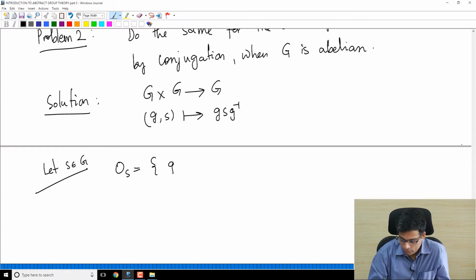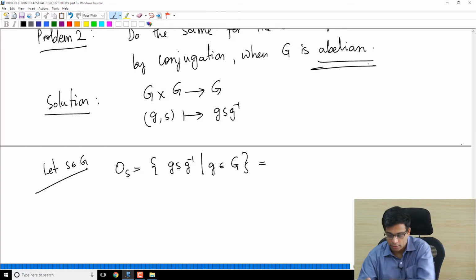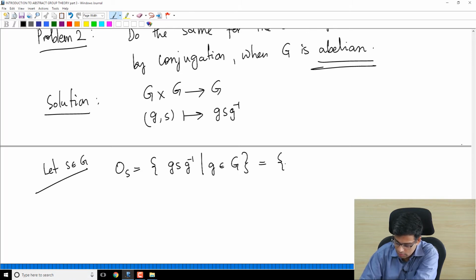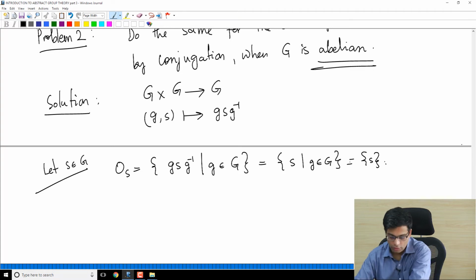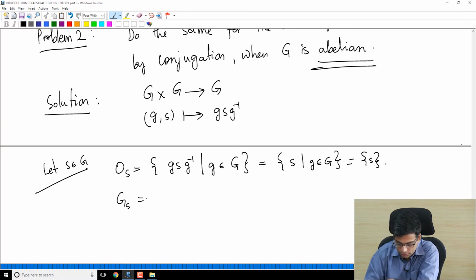This is g s g inverse, as g is in G. But I am assuming G is abelian. So that means g s g inverse is just s. So no matter what small g is, this is just s, right?